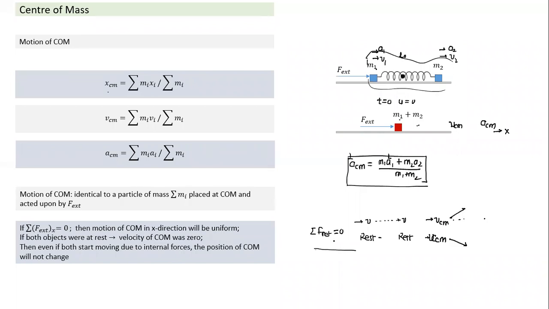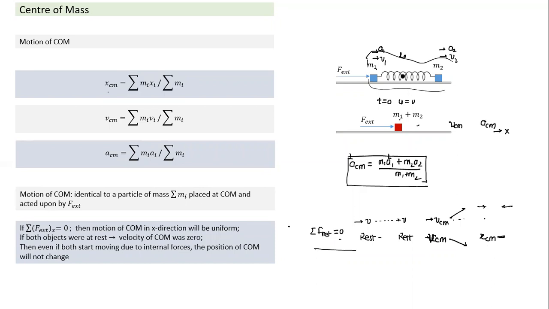Next, what are the two conditions for which this will happen? When does the x coordinate of the position of center of mass, XCM, not change? Two things have to happen. Net force in x direction has to be zero, and second, initially the velocity of center of mass has to be zero. And the velocity of center of mass can be zero either when both particles have opposite velocities in such a way that the velocity of center of mass comes to zero, or both are at rest.